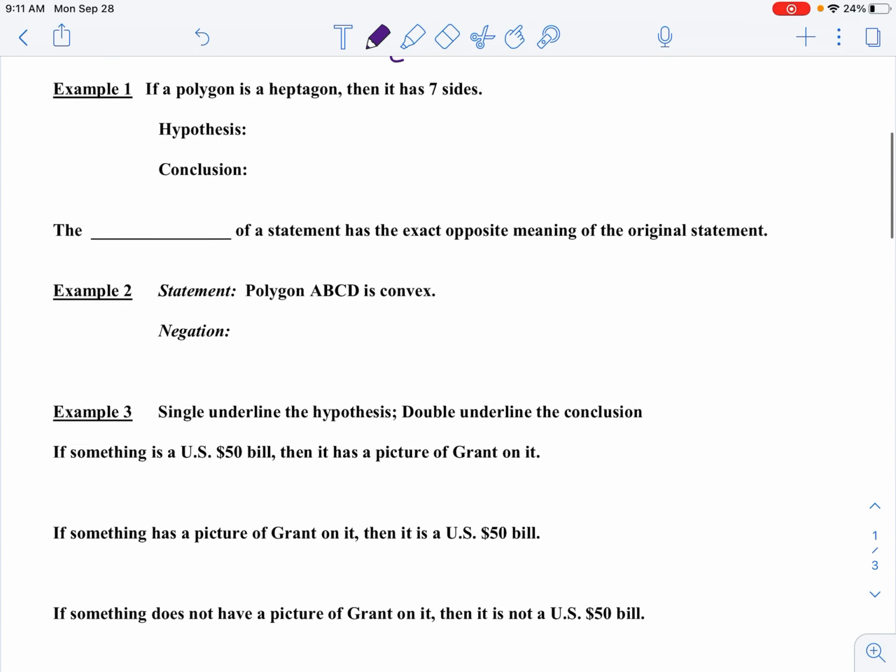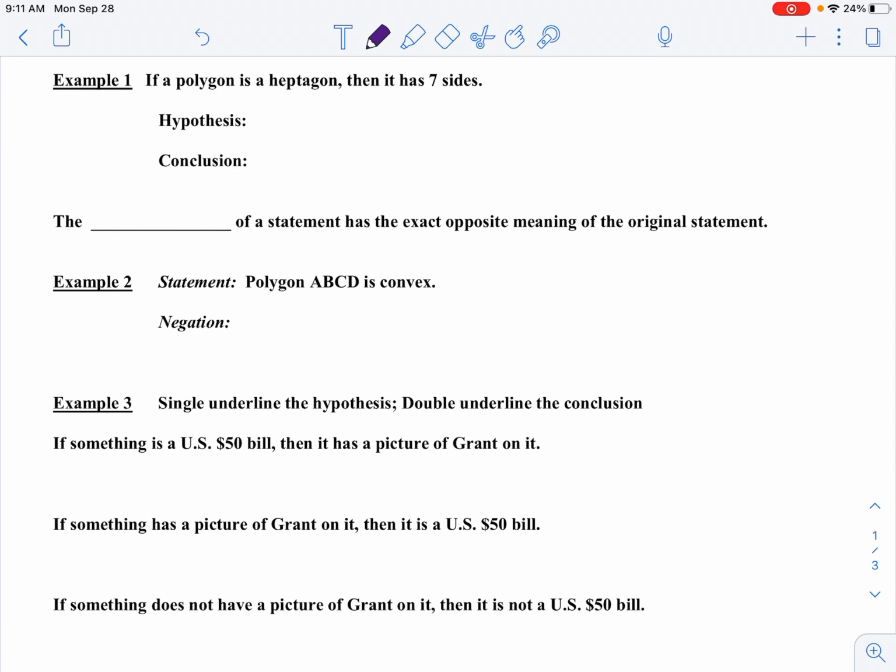So we can actually take definitions, just statements, and diagnose what their hypothesis is and what their conclusion is. Example 1 wants us to do just that. It says, if a polygon is a heptagon, then it has 7 sides. They want us to put the hypothesis and the conclusion. Here's the big first thing that I think you will see on your test or test review: the hypothesis, I'm going to use one underline there, does not include the word if.